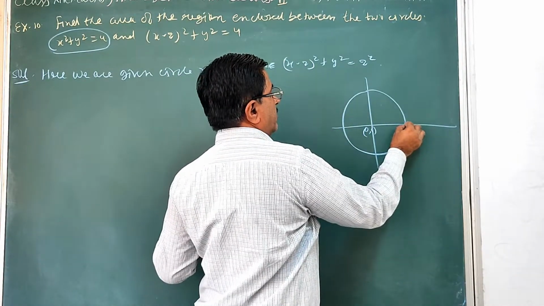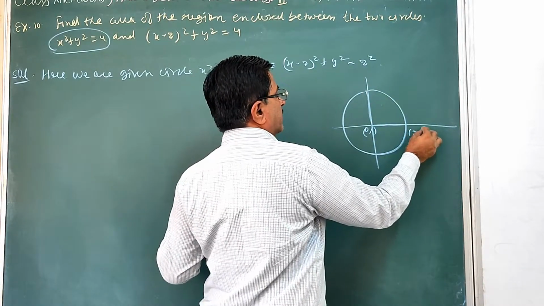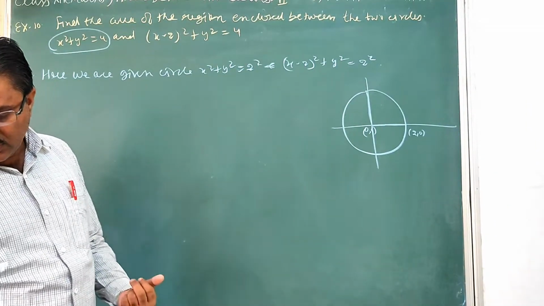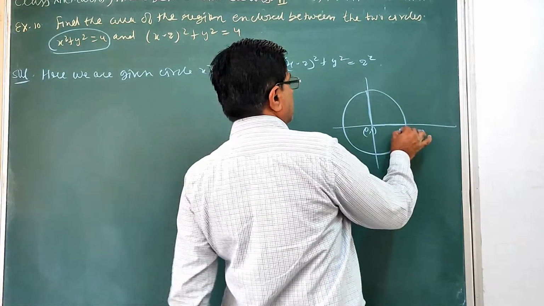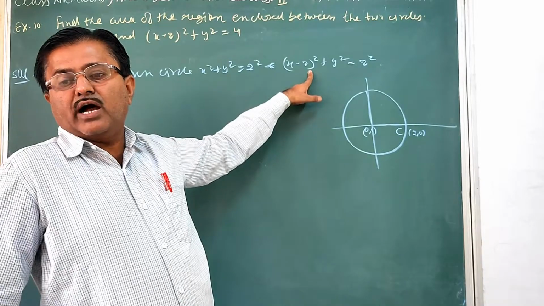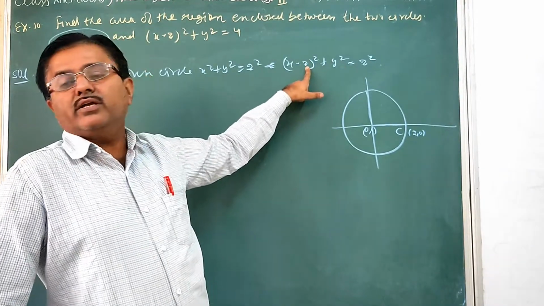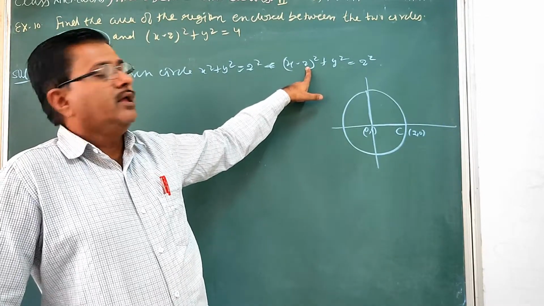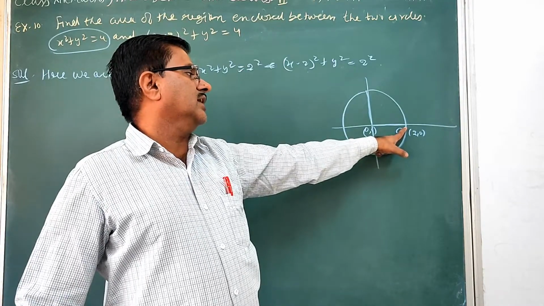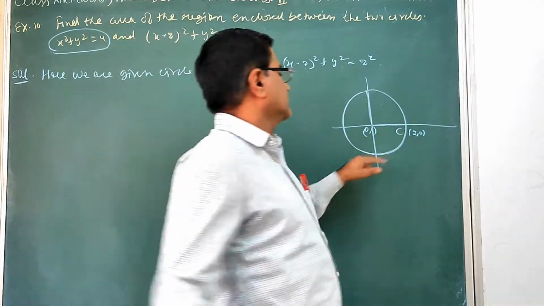So the intercept on the x-axis and y-axis, we can say this will be the point, suppose C, where it passes through the second circle's center. You have to find x: here A is 2 and B is 0. The second circle passes through the intersection of the first circle; its center is on the x-axis where the previous circle intersects.